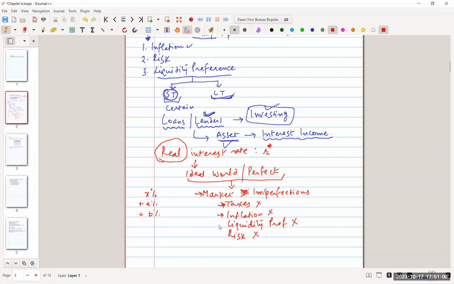Like that, the more the imperfections, the more the people lending the money will demand compensation for all these market imperfections, and we will keep moving away and away from the real interest rate. And we will keep moving away from the perfect world that we had imagined for ourselves, and the interest rate will have to then reflect all these distortions that have been brought about from the marketplace.